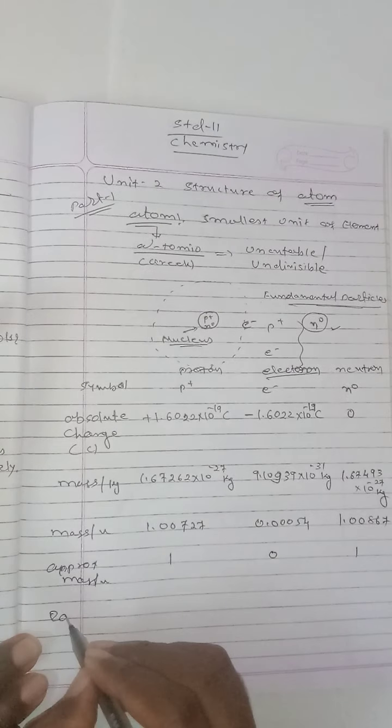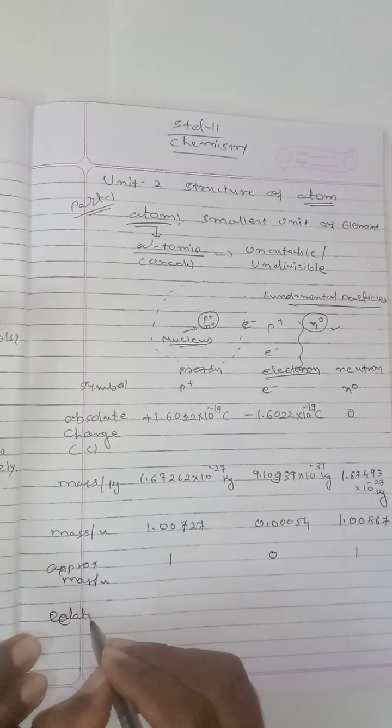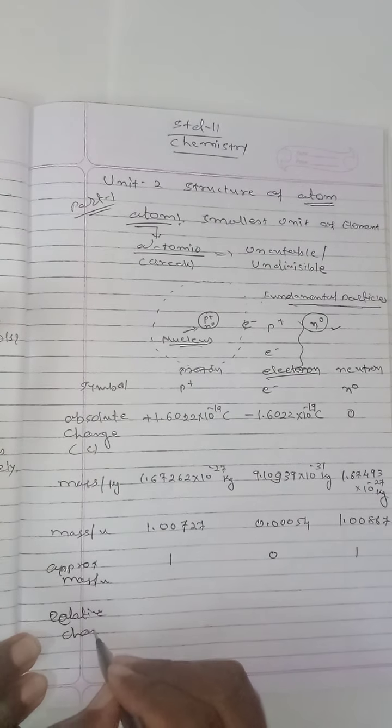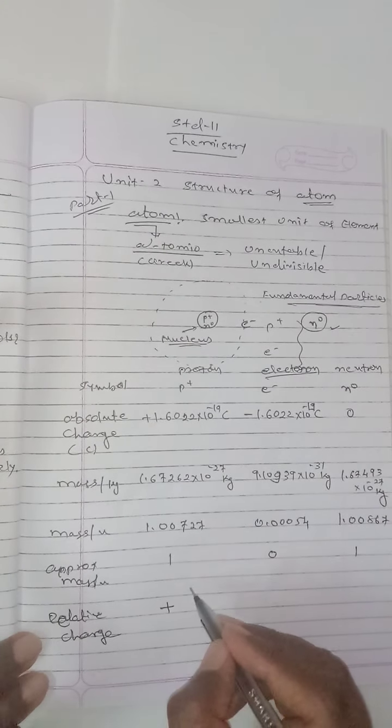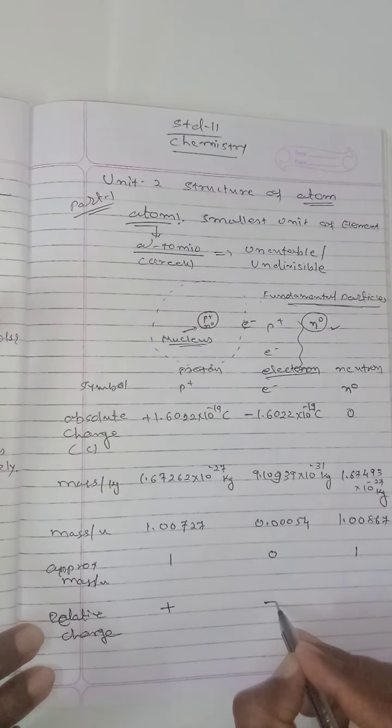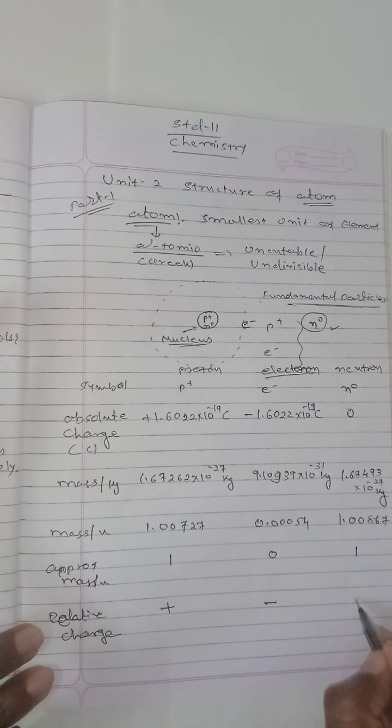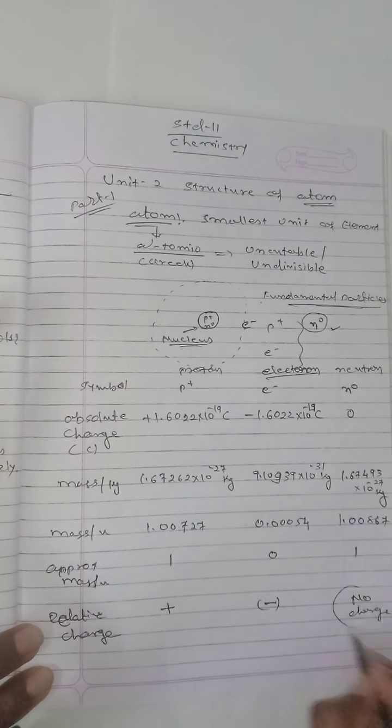And last, its relative charge. Proton has positive charge, electron has negative charge, and neutron has no charge. Okay.